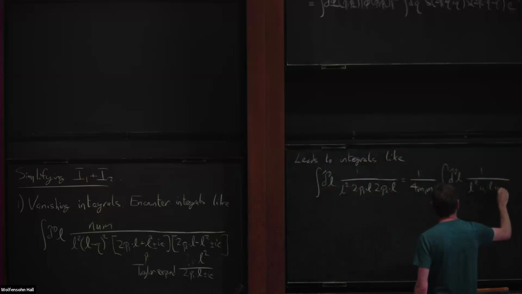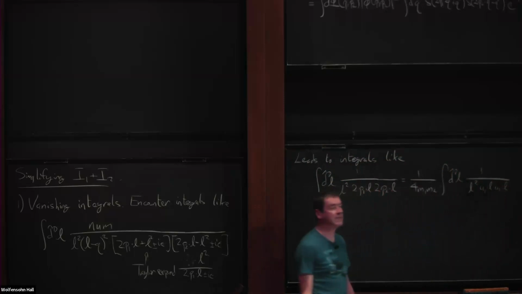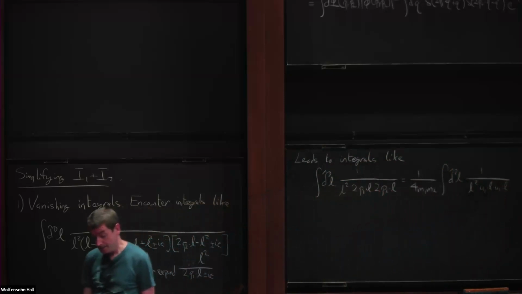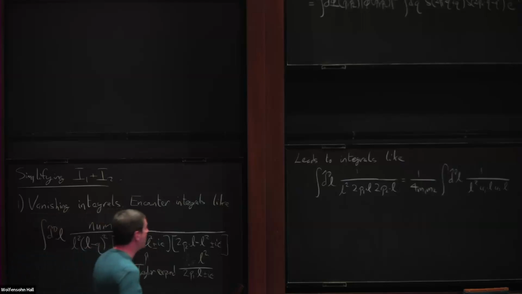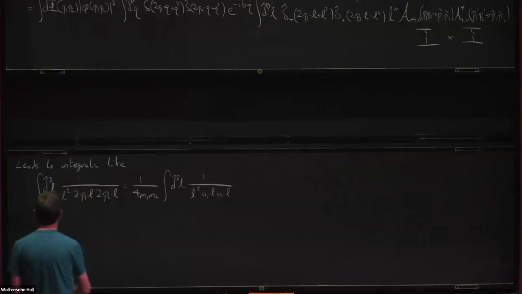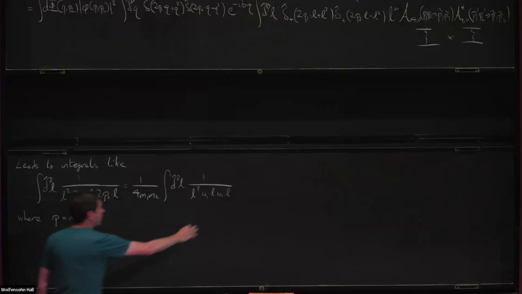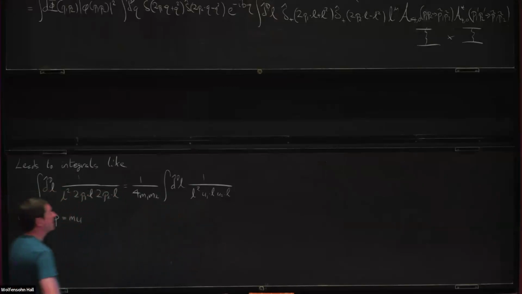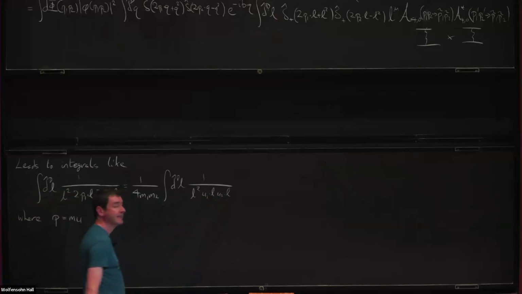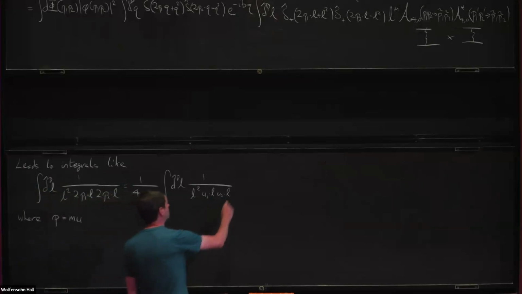U1 dot L, U2 dot L. So here I've introduced the proper velocities of the particles, where the momentum of a particle is just m times u. The point really here is that I've just scaled out the mass dimension. Now everything else in this integral is scaleless. So the integral vanishes in dim reg. And these are the kind of integrals that we get to throw away.